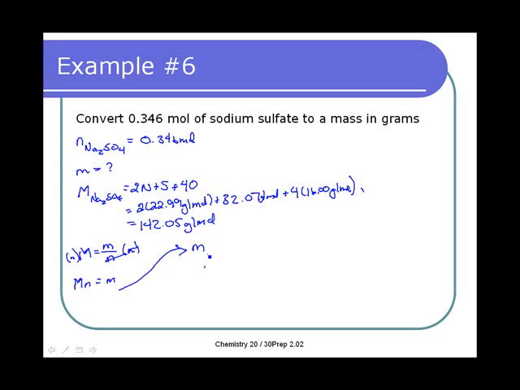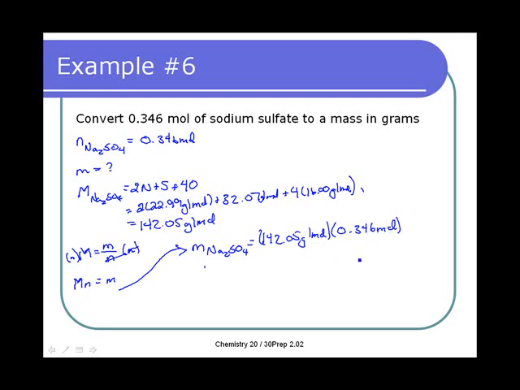So the mass of Na2SO4 is equal to the molar mass, which is 142.05 grams per mole, times the number of moles, which is 0.346 moles.